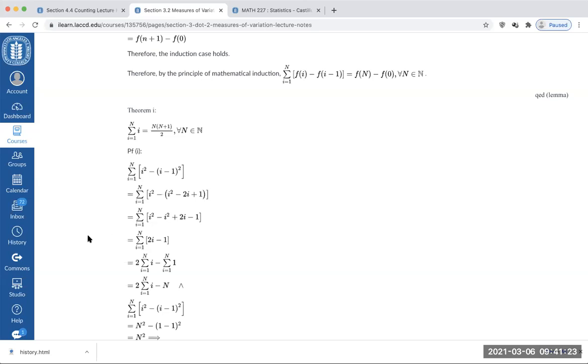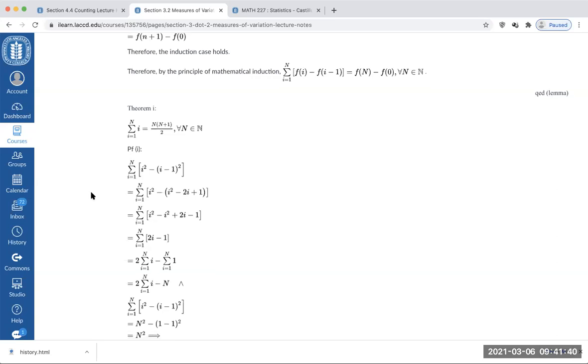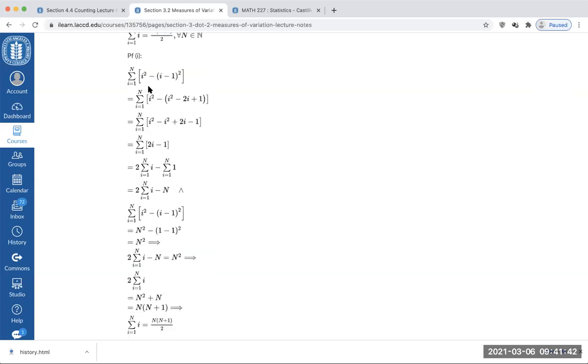The i squareds cancel. So this is just the sum i equaling 1 to n of 2i minus 1. By the properties of summation, this is equal to 2 sum i minus sum of 1. But the sum of 1 is n. Therefore, I get that this is equal to 2 sum i equal 1 to n of i minus n.